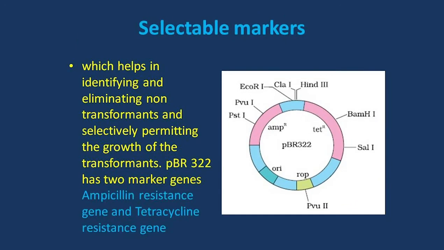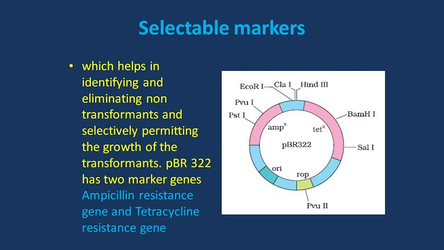Second one, selectable markers. These genes are actually used to identify cells or E. coli cells which contain the foreign gene. For example, in pBR322, there are two marker genes which are antibiotic resistance genes. One is ampicillin resistance gene and the other one is tetracycline resistance gene.